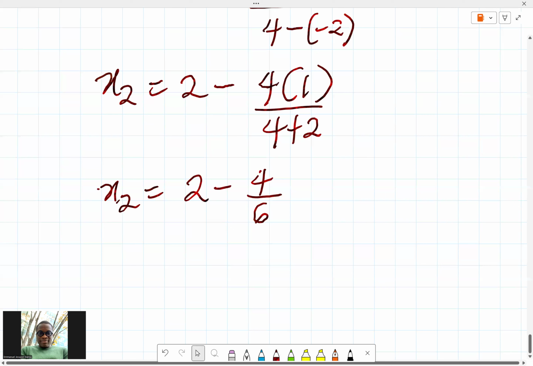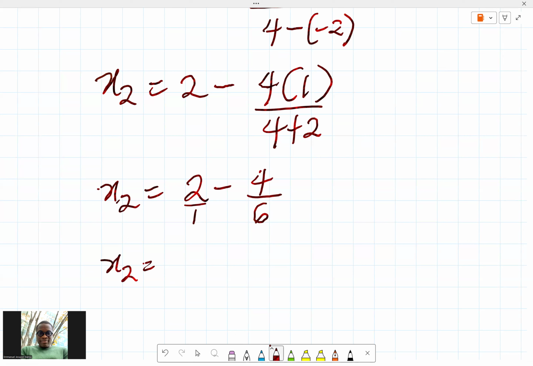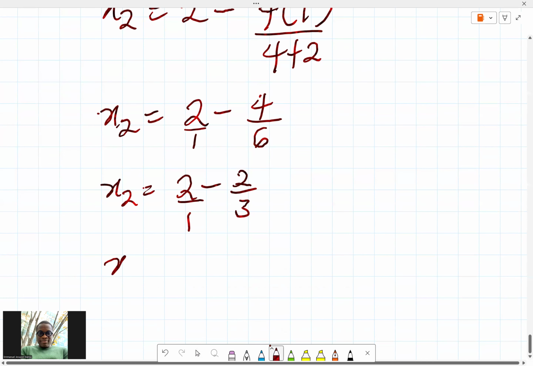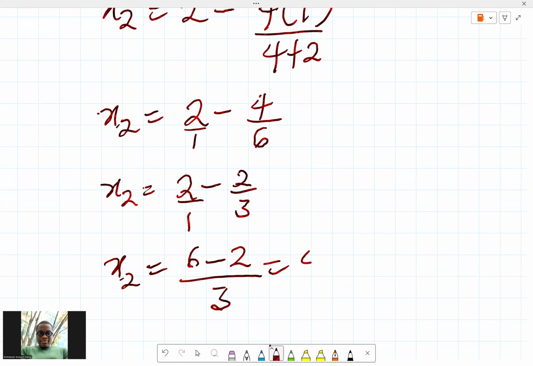Now we can find the LCM. This is 2 minus 2 over 3, so x2 is equal to, LCM is 3, 3 times 2 is 6, minus 2, that is 4 over 3. We can leave it in fraction, but at some point we don't have a choice other than to go decimal.